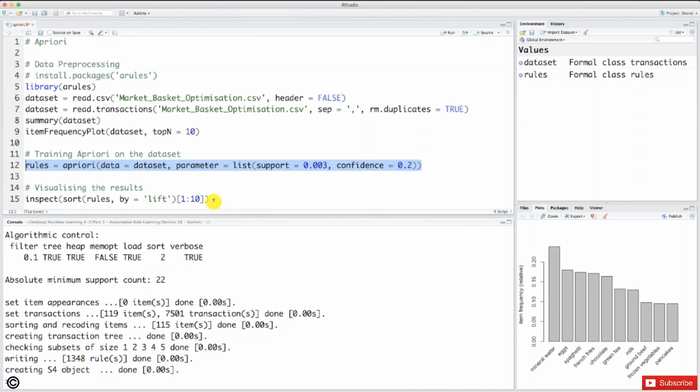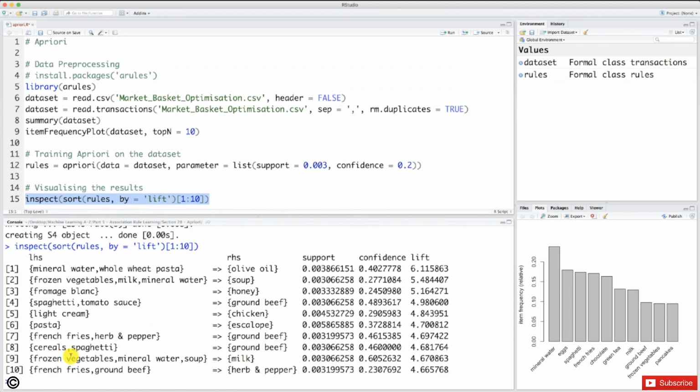We will still look at the 10 first rules with the 10 highest lifts. And that's what we're going to do right now by selecting this line and executing it. And here are the new rules. Okay, so let's have a look. The first rule is if people buy mineral water and whole wheat pasta, they will buy olive oil in 40% of the cases. Okay, so that's a rule that makes a lot of sense, even if there is still mineral water.